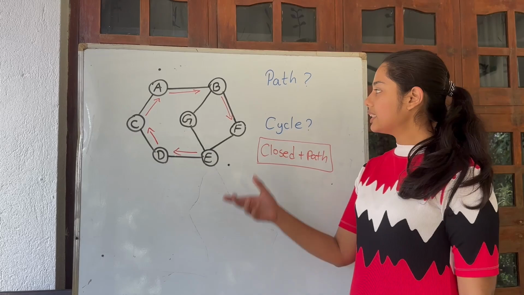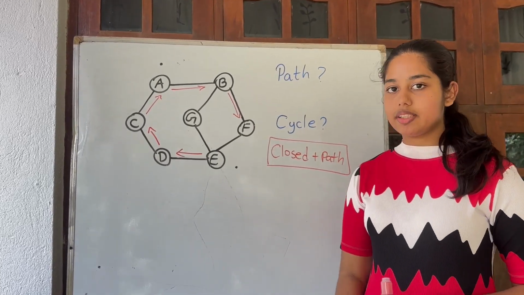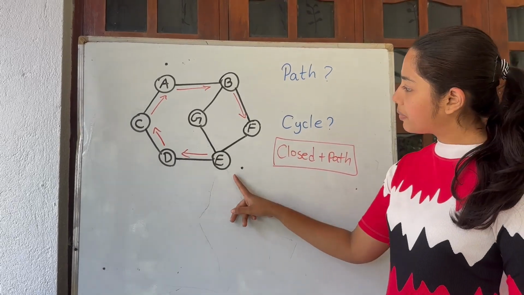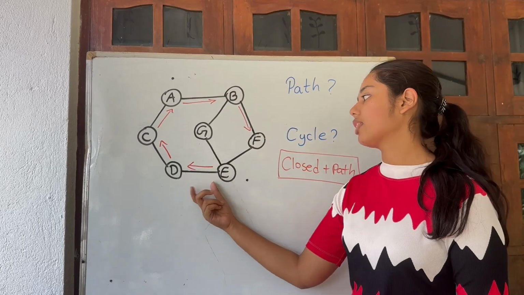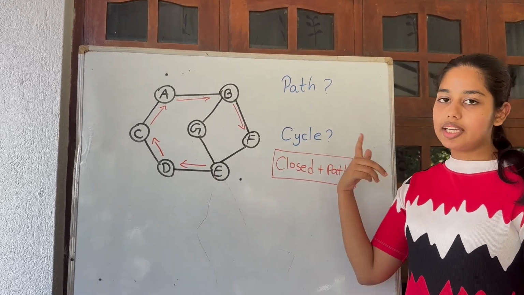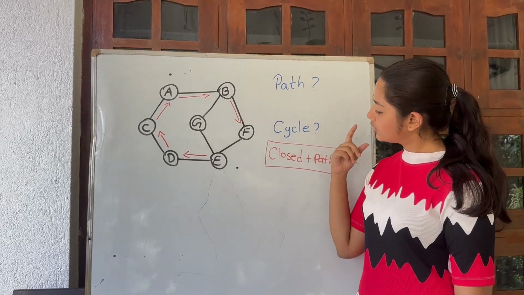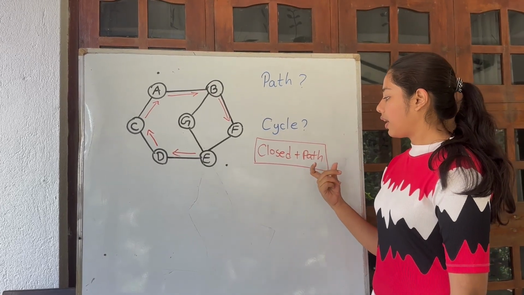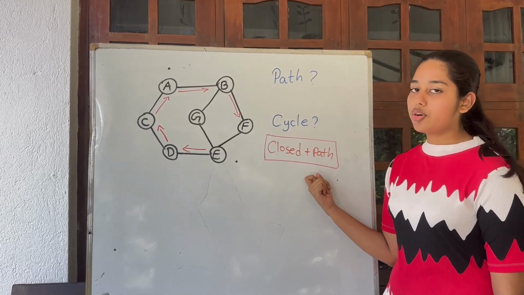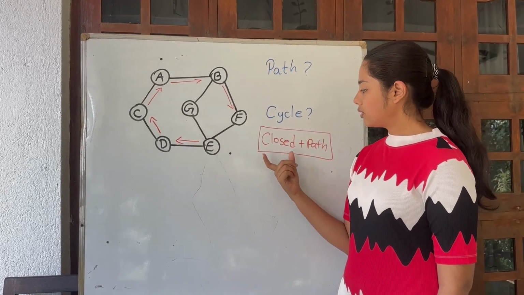Our next type is path. In the path, the vertices cannot be repeated. In this example, there are no repeated vertices, so this is a path. And our last type is cycle. The cycle should be a path and it should have a closed walk. In a path, the vertices cannot be repeated, but a cycle means a closed walk.